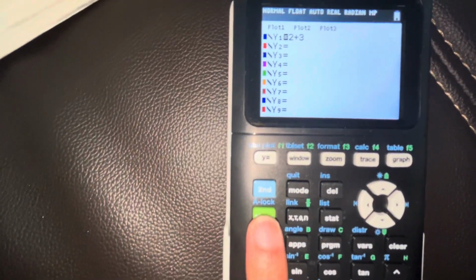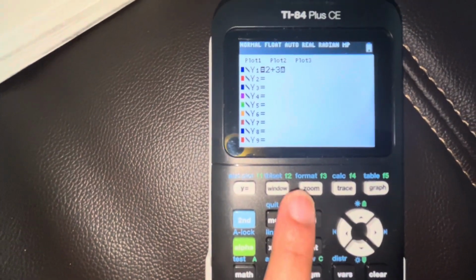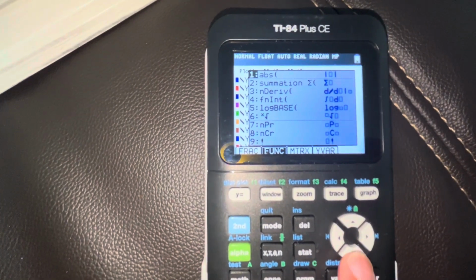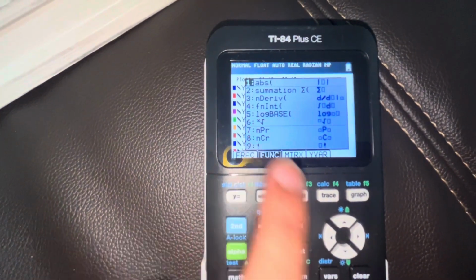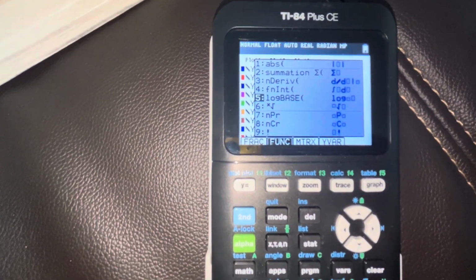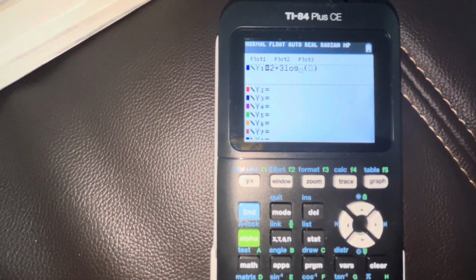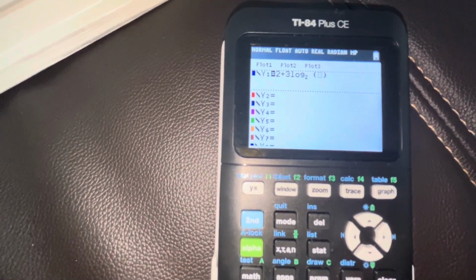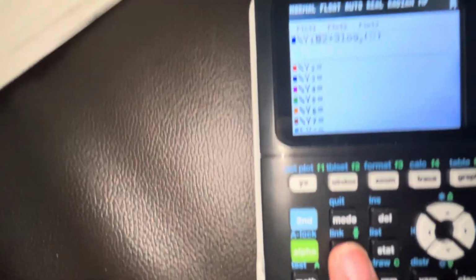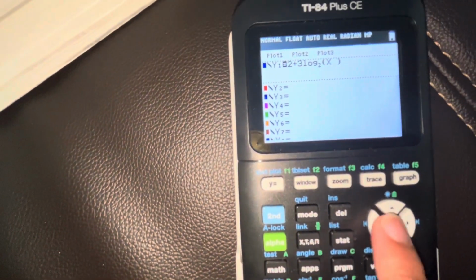So you're going to press alpha, which is right over here, and press window, which is at the top. And then you can either go down or press 5, because that's where your log base is at. So let's go down to 5, or your log base. And see, it has a little square at the bottom. That's going to be your base. And over here, your base is 2. And inside the parentheses, it is x. And you press x over here, which is your variable.